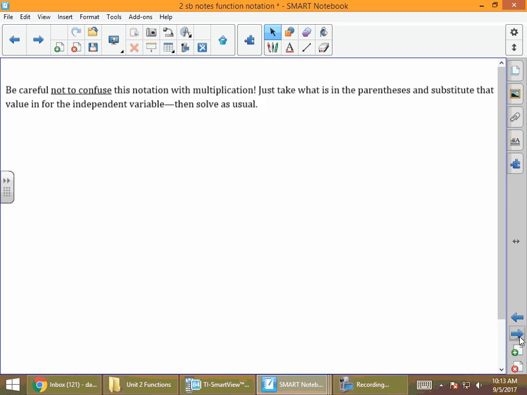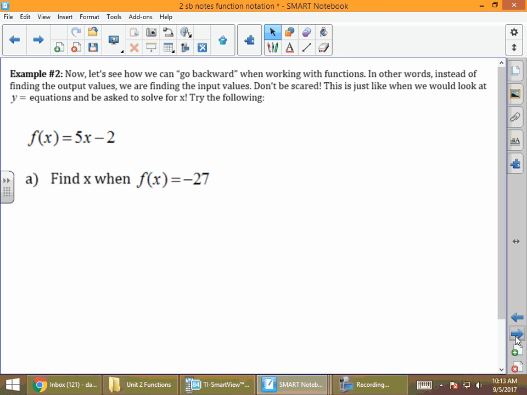That's what we did. But we can go backward. We can be given the output, and we can go back to figure out the input. This is just like when we look at y equals equations and we're asked to solve for x.